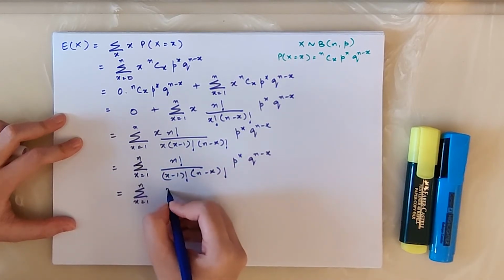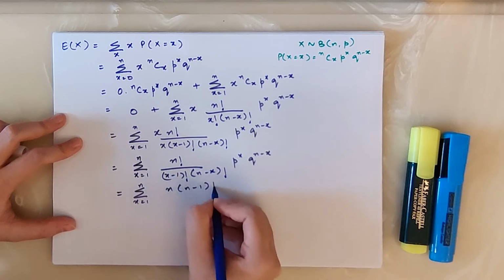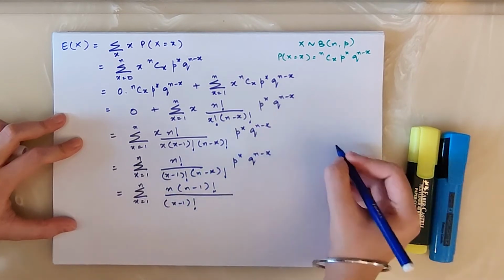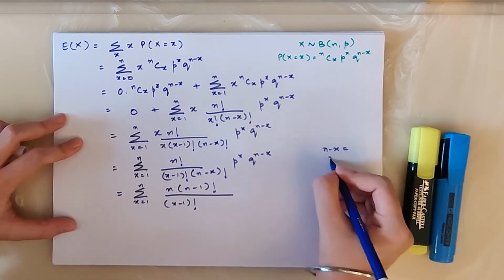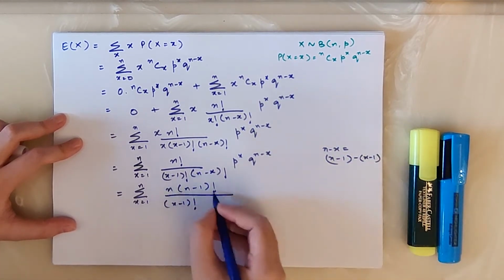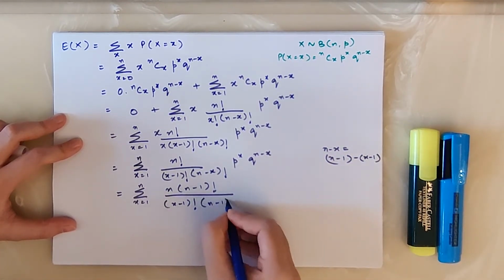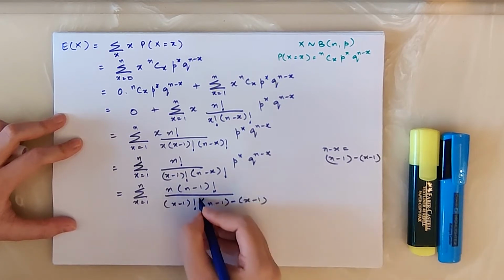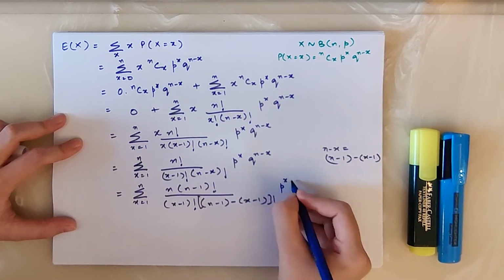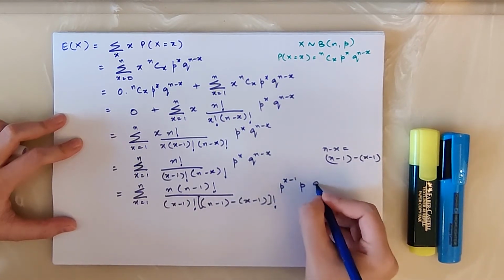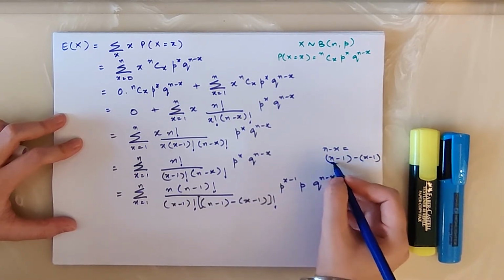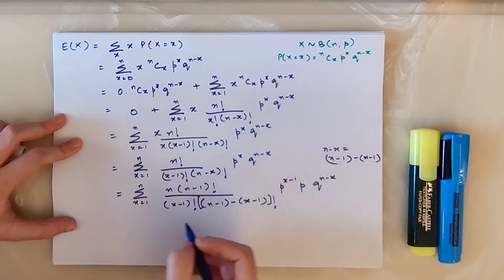Now n factorial can also be written as n into n minus 1 factorial upon x minus 1 factorial, and then n minus x is basically n minus x equals n minus 1 minus of x minus 1. So that is basically n minus 1 minus x minus 1 factorial, then we have p raised to the power x minus 1 into p, and then we have q raised to the power n minus x, since our n minus x is also equal to n minus 1 minus x minus 1.